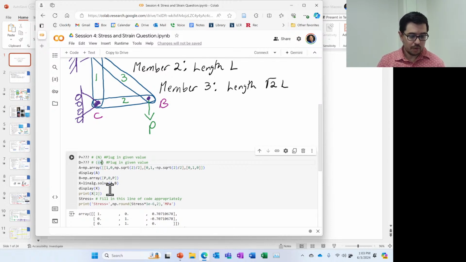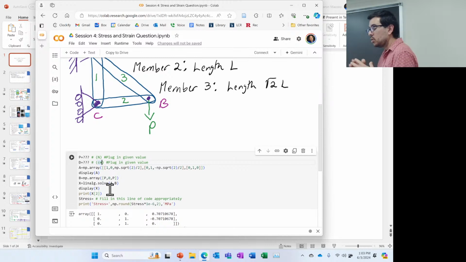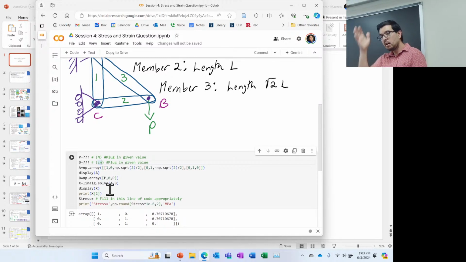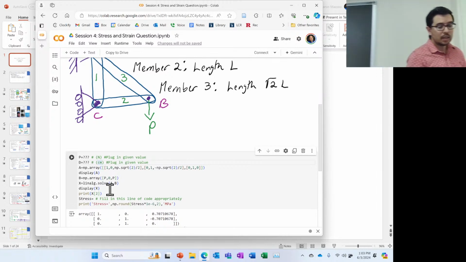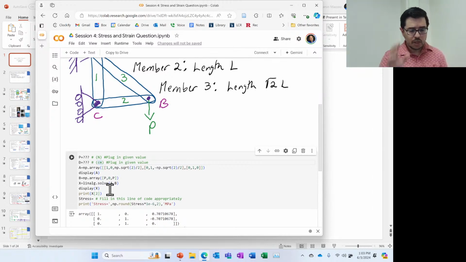So we have an AX equals B. X is going to be the internal forces in a column vector, and then B is going to be the right-hand side of those equations. That's what we have here, and then we solve.